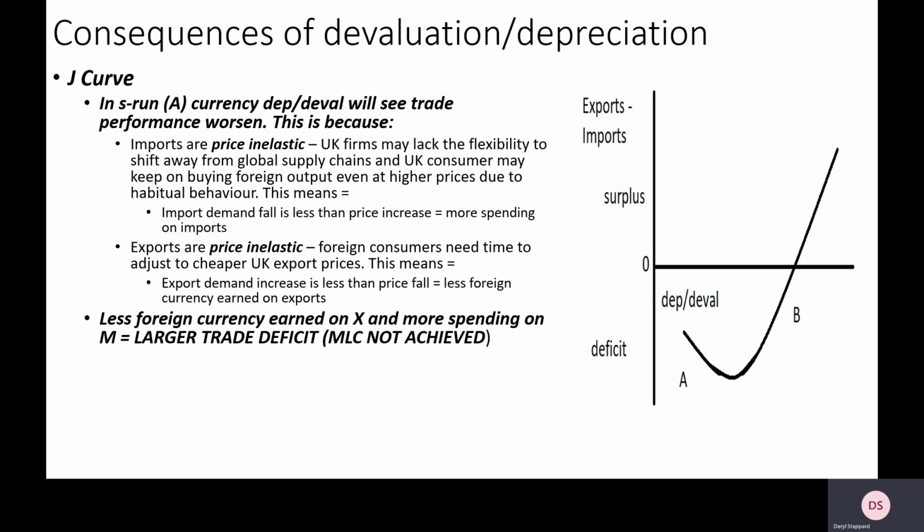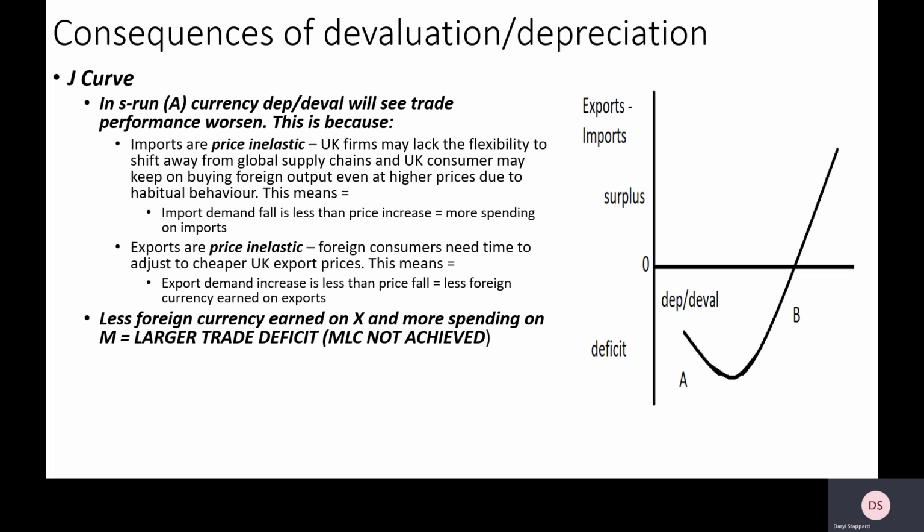Just because the currency becomes weaker and these things become more expensive to buy, it doesn't mean that our firms can adjust their buying. They might have long-term contracts with suppliers across the world. There might not be a domestic supplier that can produce these goods and services that they need. So in the short run, the logic would be that imports are price inelastic. Our firms will struggle to lower their demand for the foreign imports that we need in our economy.